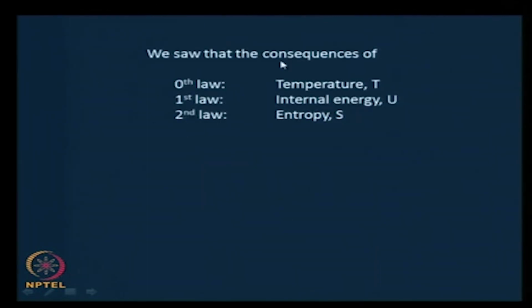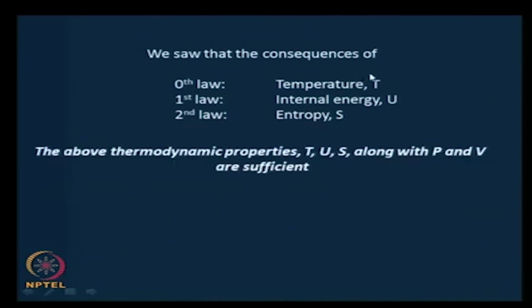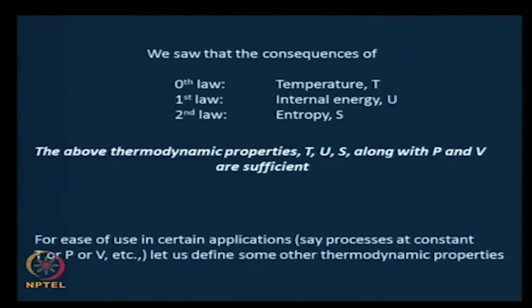We saw that the consequence of the zeroth law was temperature. It resulted in the useful variable temperature. The consequence of the first law is internal energy, and the consequence of the second law is entropy. And we said that T, U, S along with P and V are actually sufficient to thermodynamically describe a system, whereas for the ease of use in certain applications, say processes at constant T or P or specific volume, let us define some other thermodynamic properties is what we said.